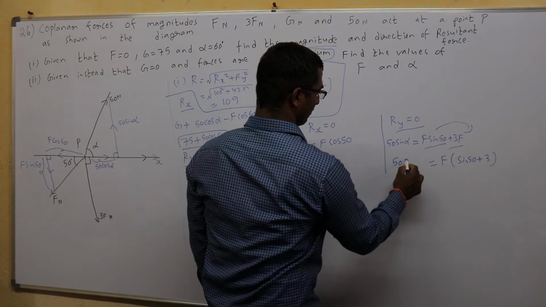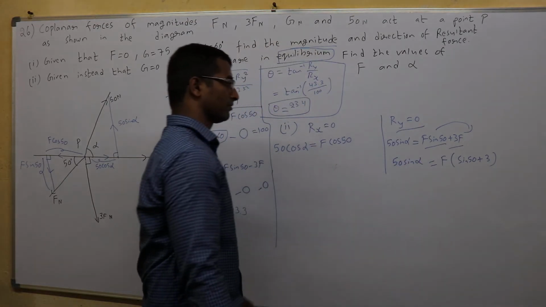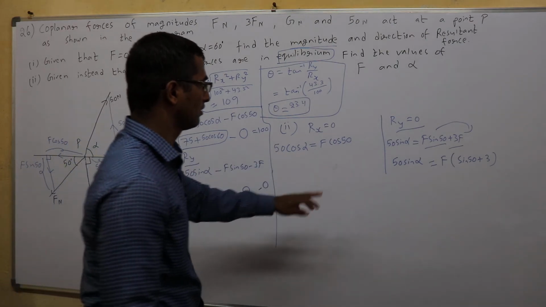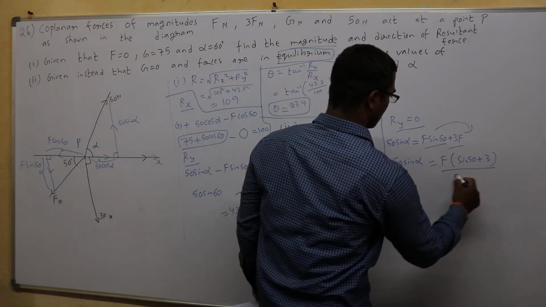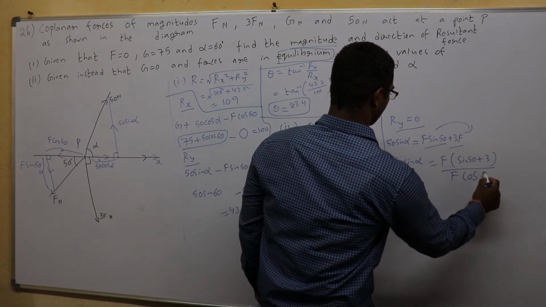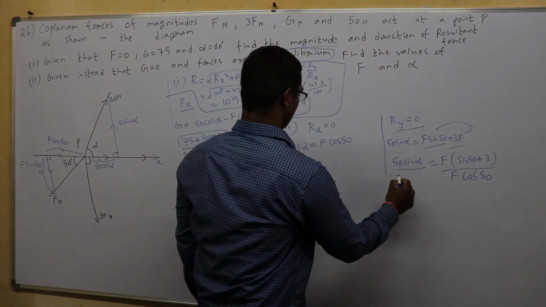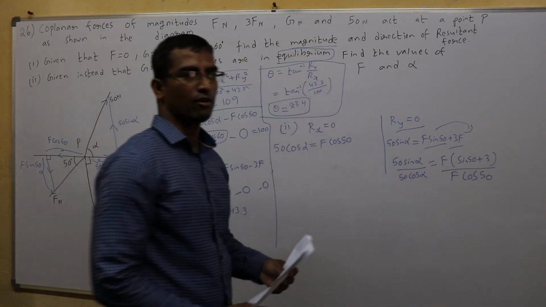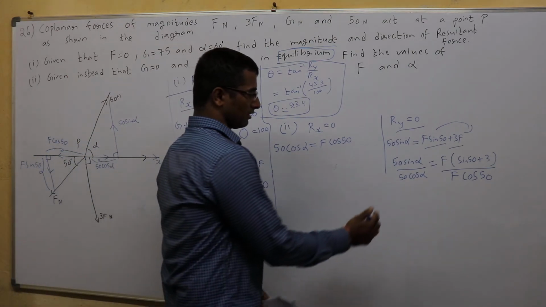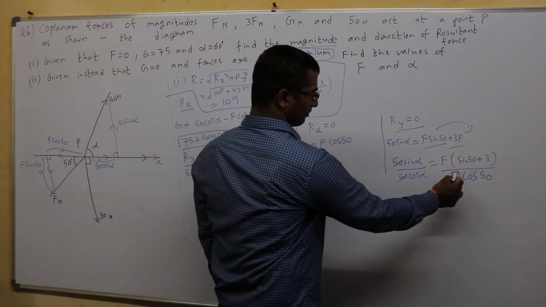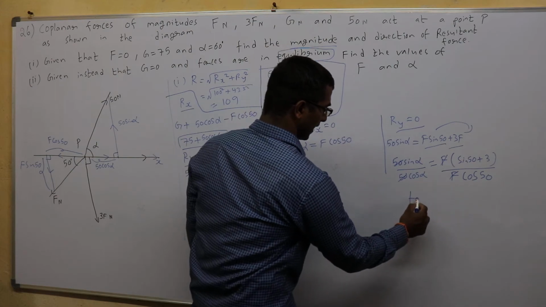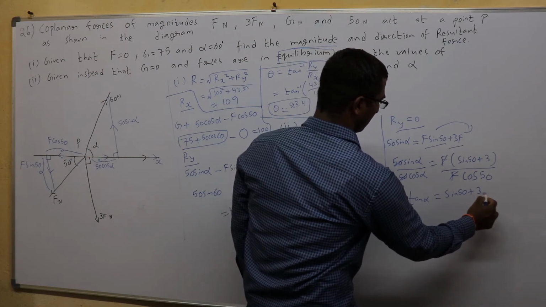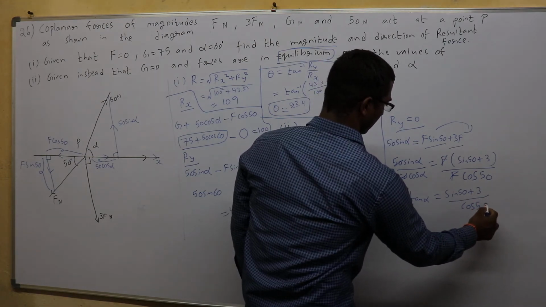And on the other side, 50 sin alpha. Right? I divide these two now. So below I write F cos 50, and on this side 50 cos alpha. Now what gets cancelled? 50 gone, F gone. Sin by cos is tan alpha equal to sin 50 plus 3 by cos 50.